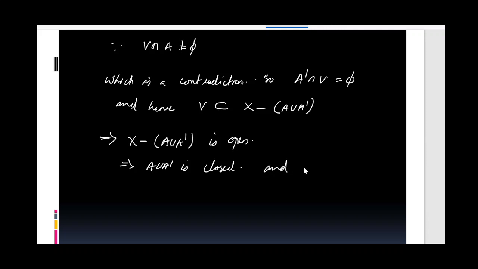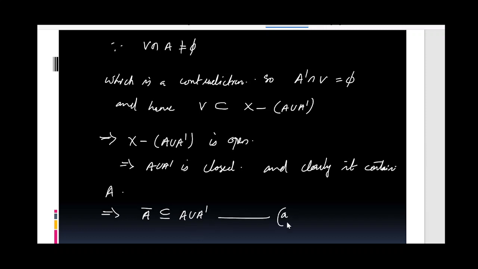And clearly it contains A. Now A union A dash is a closed set containing A, and A closure is the intersection of all closed sets containing A, so A closure should be contained in A union A dash. So we have got one way of the inclusion.